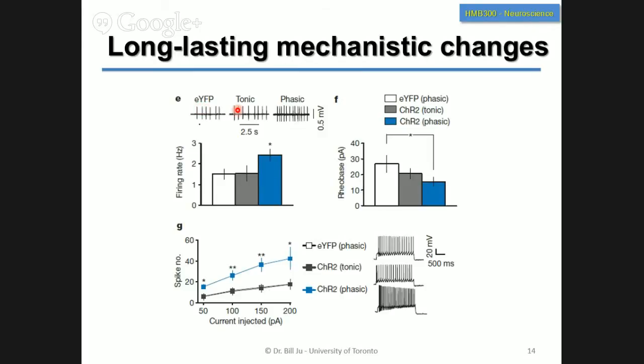If you take channelrhodopsin plus EYFP, and then you do tonic stimulation, and then you go back in after you've done tonic stimulation on subthreshold stimulated mice, this is the action potential firing rate that you see under normal conditions. And this is phasic. After phasic stimulation of those subthreshold mice that don't have stress, this is the increase that you see. Okay? And they definitely go up in rate.